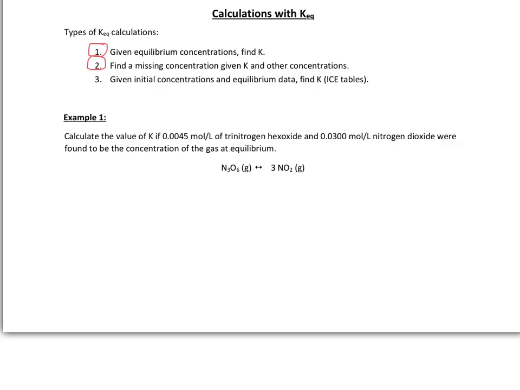Gases and aqueous solutions are included in our K expression, and we'll have to write out that K expression for this equilibrium. KEQ is equal to the product, NO2, raised to the power of its coefficient, 3, over the reactant, N3O6.